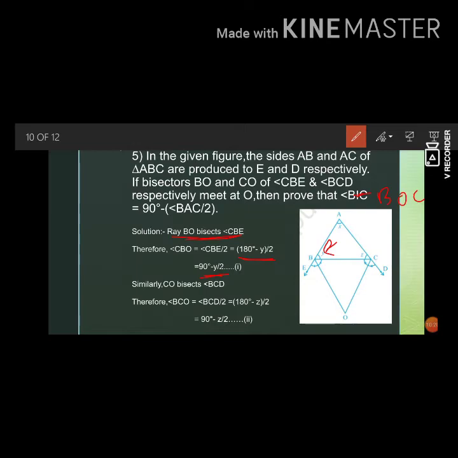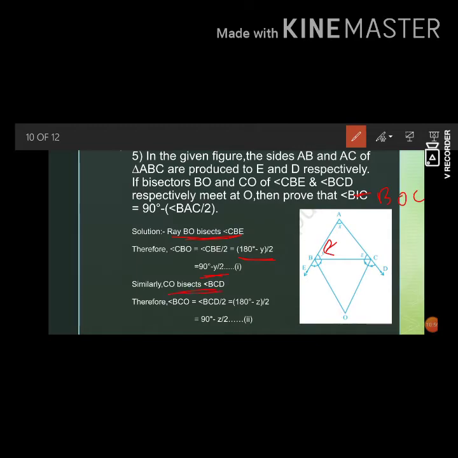Similarly, at the point C, it is a straight line. So by linear pair we can write angle ACB plus BCD is equal to 180 degrees. So angle BCD is equal to 180 minus z. Similarly, CO is also given as a bisector of angle BCD.